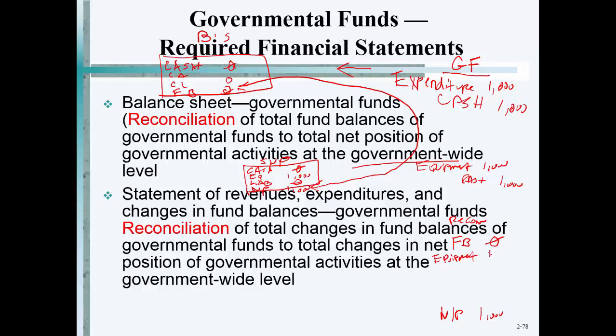They would probably be a little more eloquent and say assets are reported at the government-wide level, but not at the fund level, and they'll add it back. But at the end of the day, they're just adding back the equipment, aren't they? So they add back that 1,000. Does this thing reconcile when they add back the equipment?